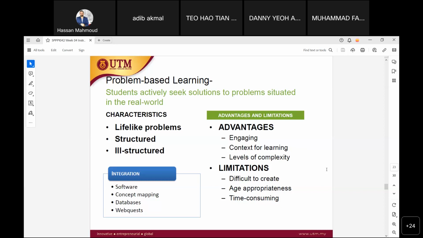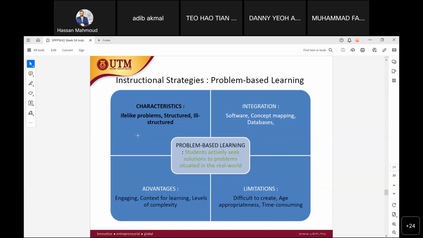Okay, so this is a problem. This is an example of problem-based learning. Students actively seek solutions to problems situated in their real life. As the characteristics, it's real life problems, structured, and it's very much like letting the students live the experiment as if it's their own life, okay?